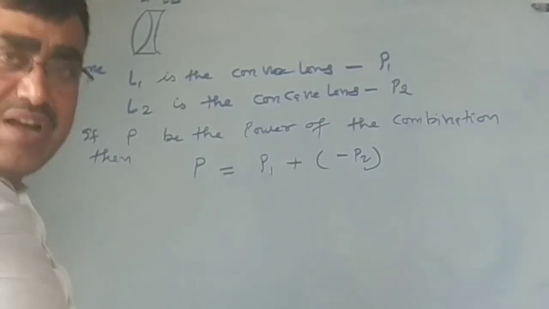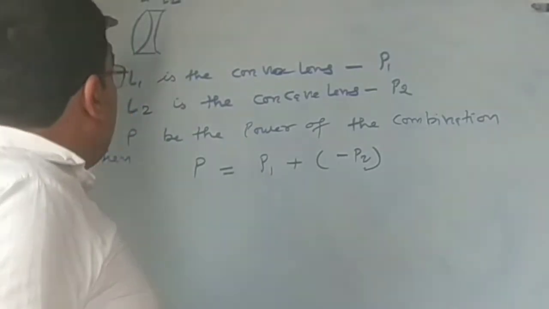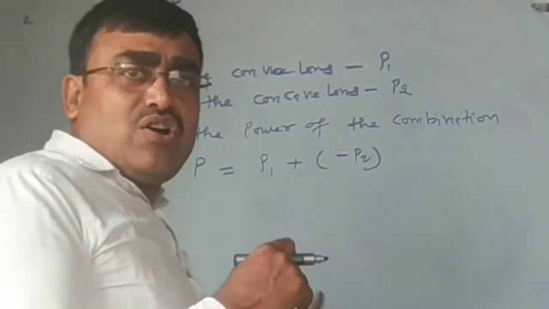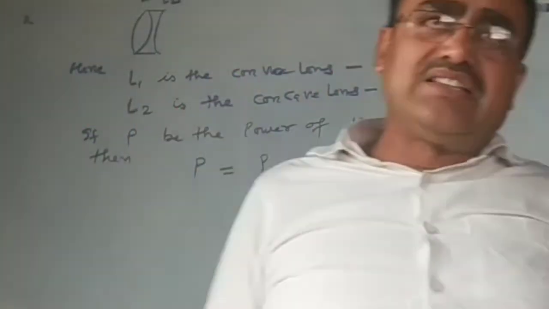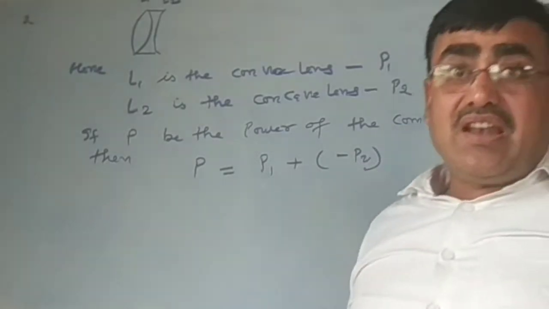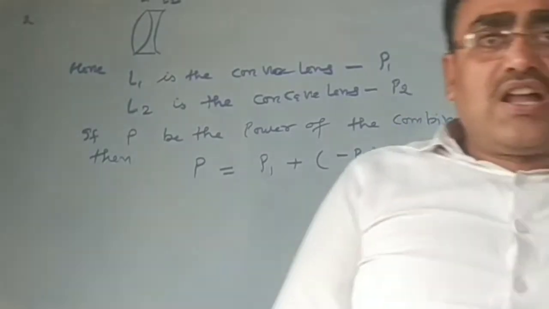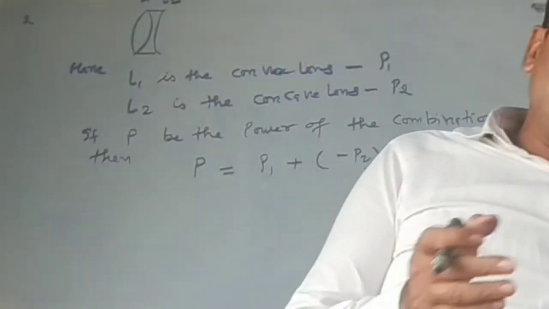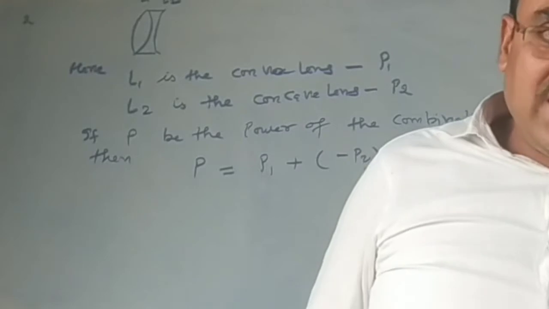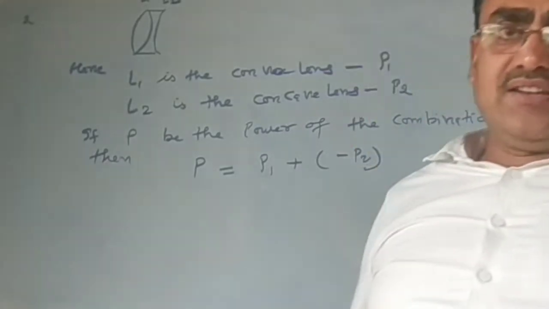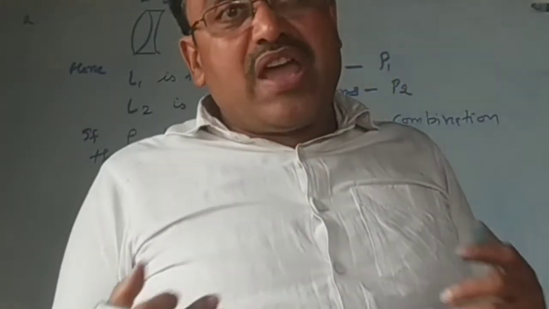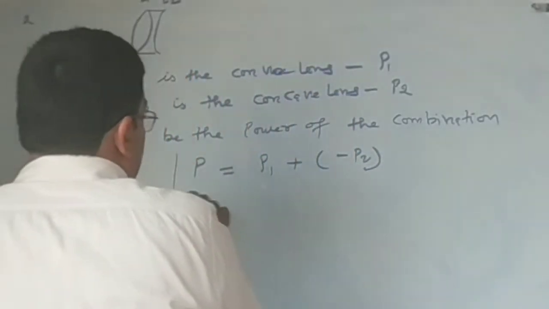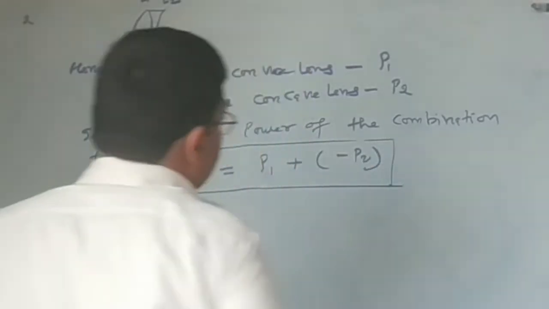Okay? Why? Because power of convex lens is always positive, while power of concave lens is always negative. Like that, focal length of convex lens is always positive, while focal length of concave lens is always negative. You can do some numerical problems on the basis of this formula.